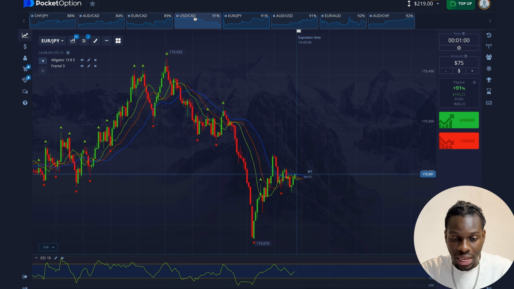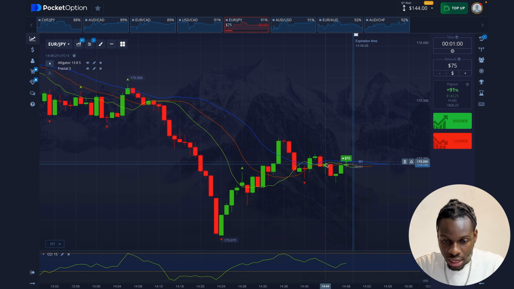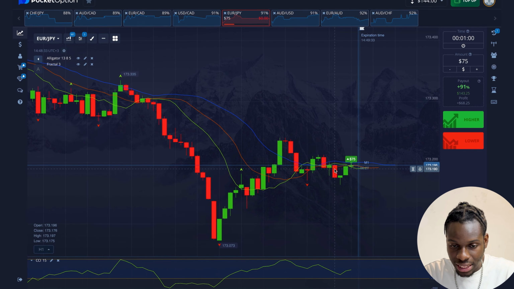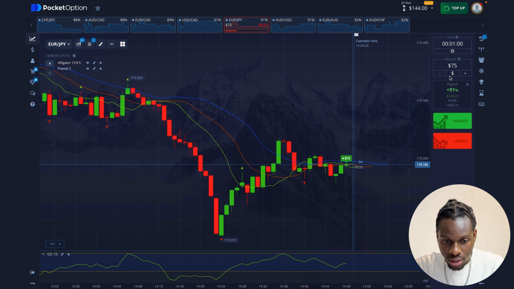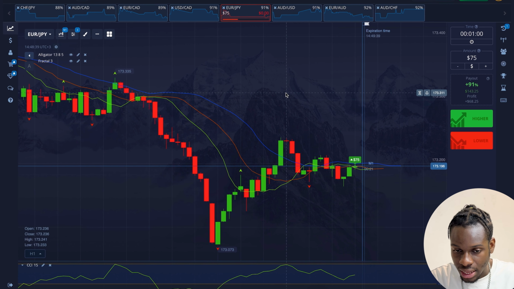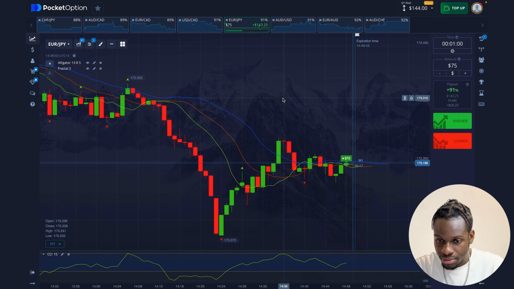Okay, so we have our second trade, and this one is a long trade as well, as you can see. Earlier we had a structural minimum formed, a resistance area, and we had this push upwards. So let me just up our balance so that in case we need to open a second trade, we can do that.